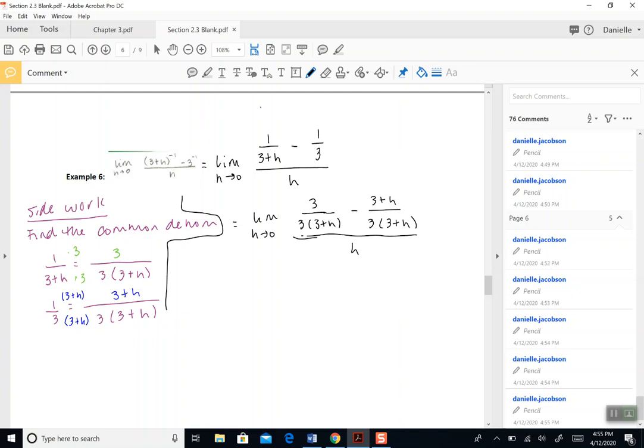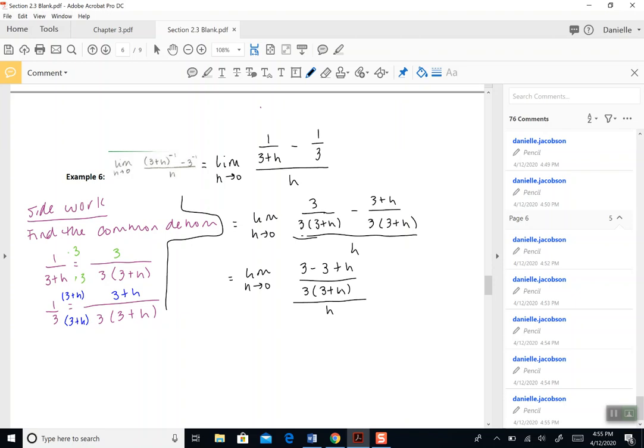Since we have a common denominator, I can now combine these two fractions together. So this is equivalent to the limit as h goes to 0 of (3 minus (3 plus h)) over (3 times (3 plus h)), all over h.